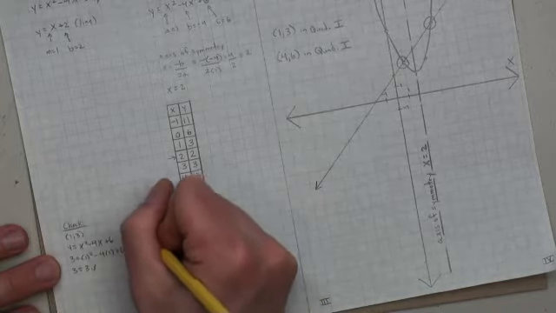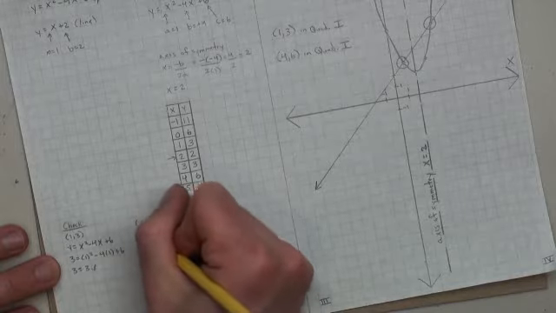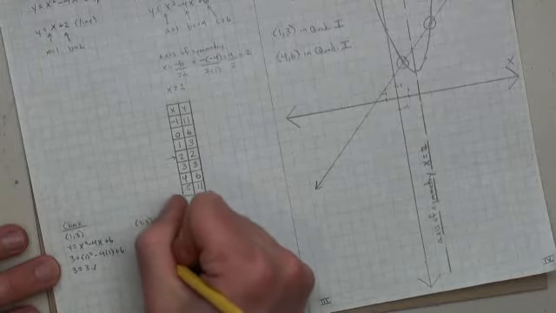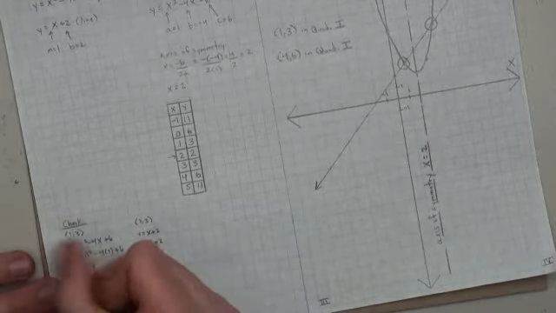We also have to check that point in the line. y equals x plus 2. 3 equals 1 plus 2. 3 equals 3. It checks.